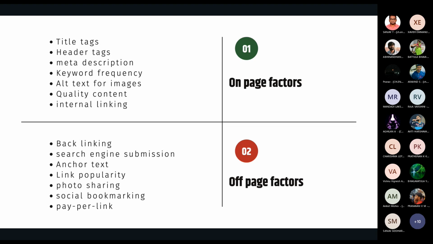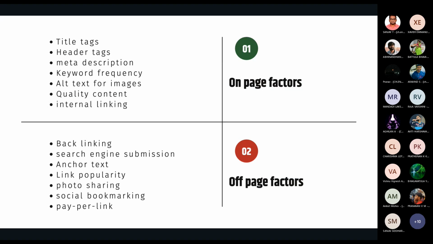It is crucial for improving the relevance, trustworthiness, and authority of your website. This is mirrored in Google's algorithm factors, with off-page optimization contributing to over 50% of the ranking factors. Some of the off-page techniques are backlinking, search engine submission, using anchor text, etc.